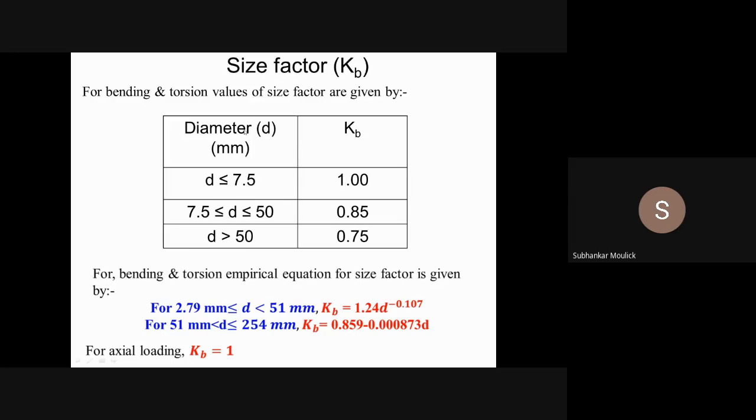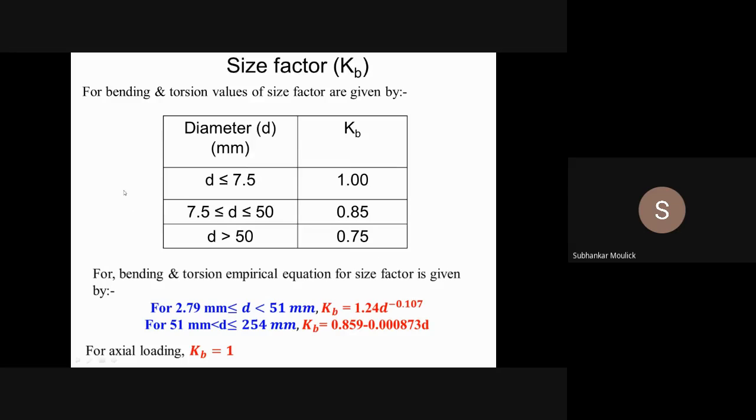When the diameter is less than or equal to 7.5 mm, you have to take KB equal to 1. When the diameter lies between 7.5 mm to 50 mm, you have to take KB equal to 0.85. And when the diameter D is greater than 50 mm, you have to take KB equal to 0.75.